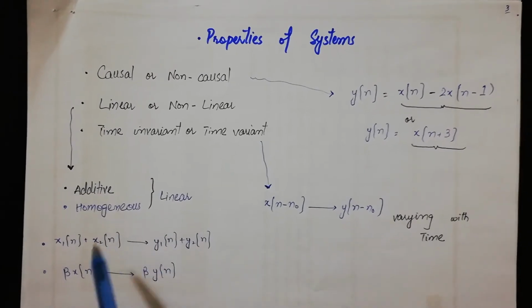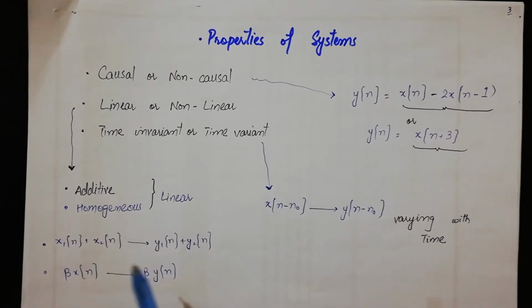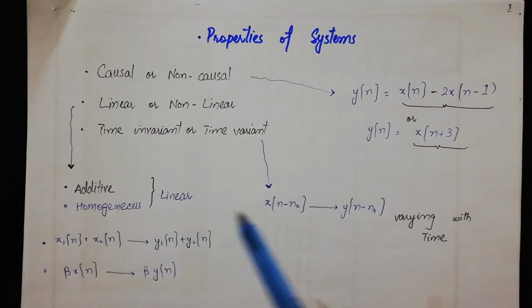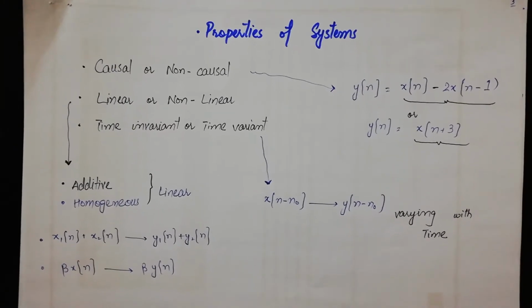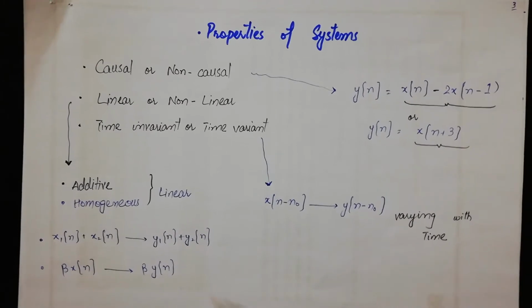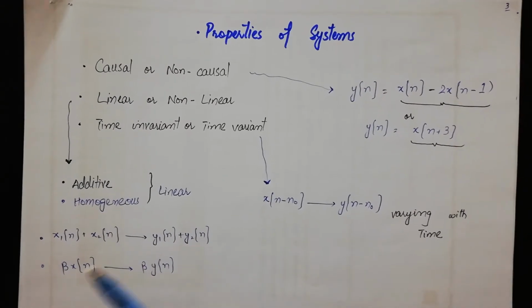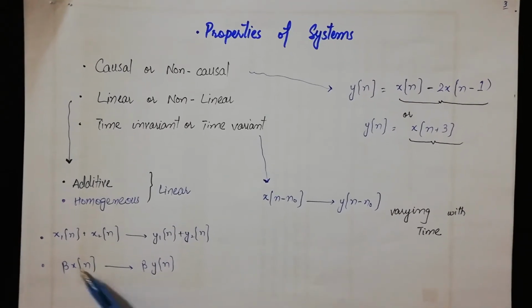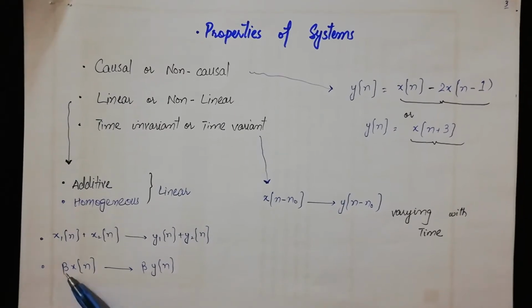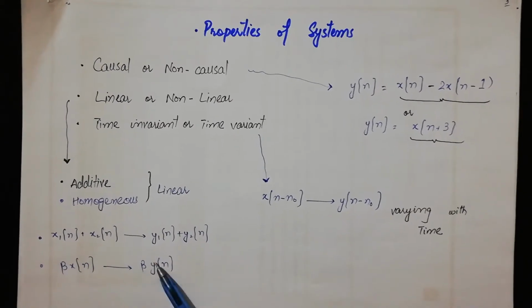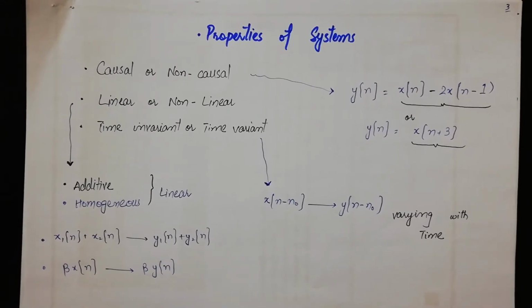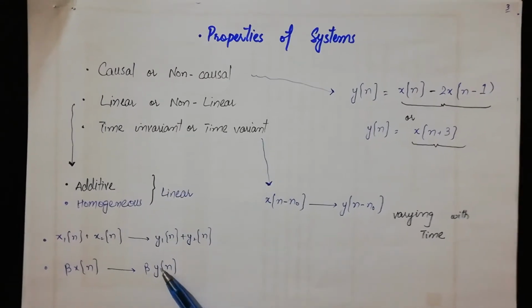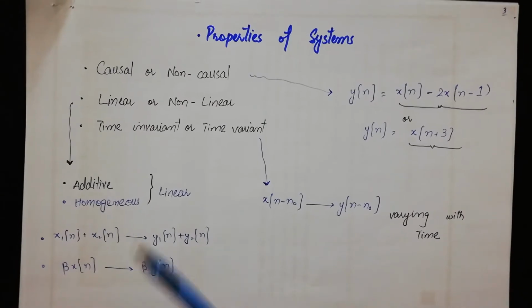If we pass them through the system separately and add after applying the system, then both are equal. Then homogeneous: if we multiply any constant to the input, the same response we can see in the output. If both properties are satisfied, then it is a linear function, otherwise non-linear.